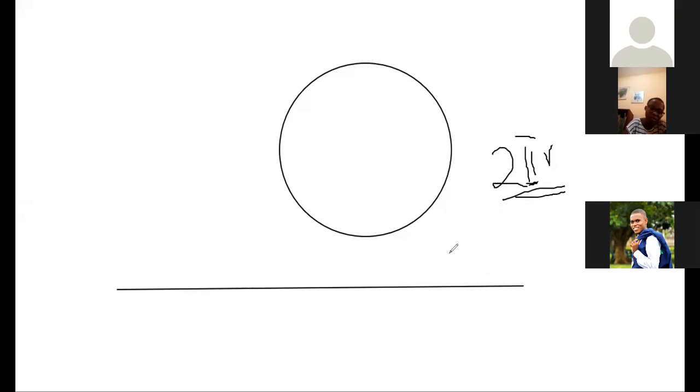Okay, let's take an example. You have a radius of 2 and you are being told to find the circumference of the circle. Is that okay? Now it will be 2 times 22 over 7 times 2, right?